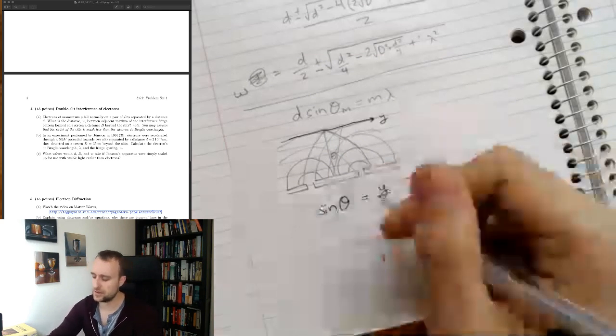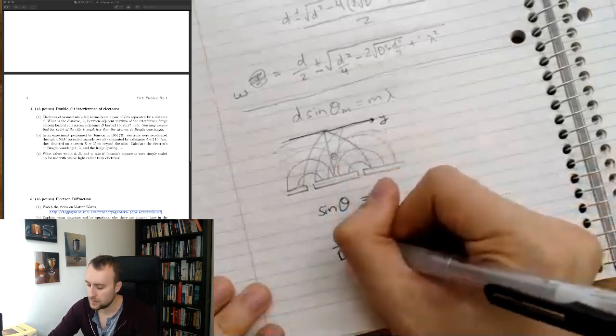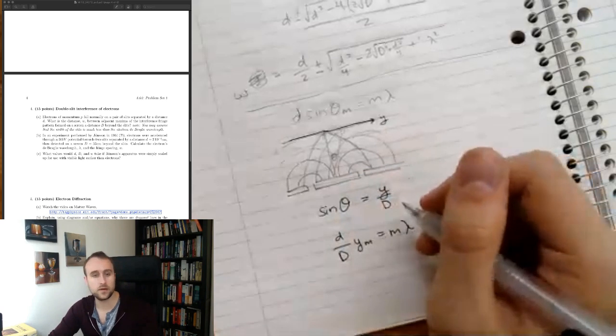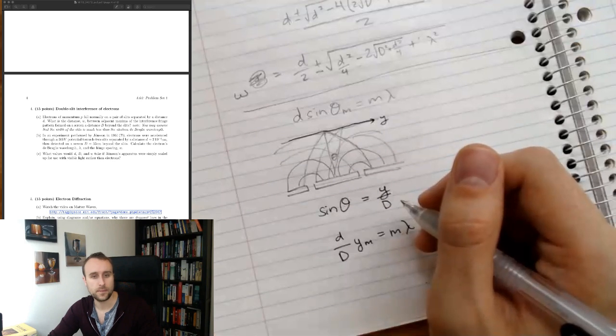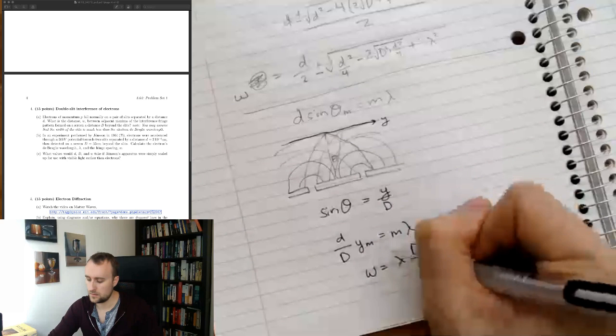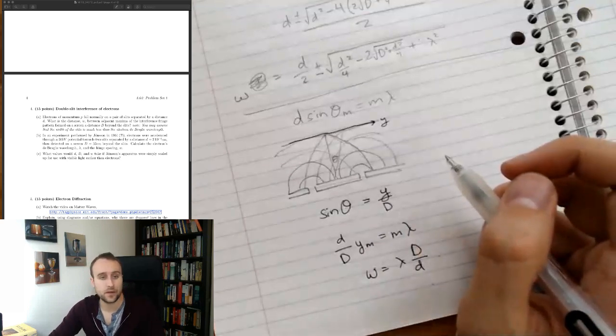All right, let's just jot down this answer here. D over d m is equal to lambda. Well, that was a lot simpler than what I did.